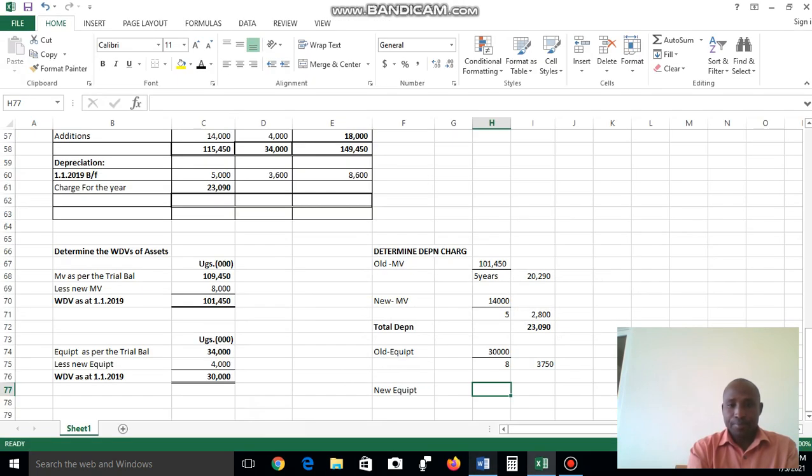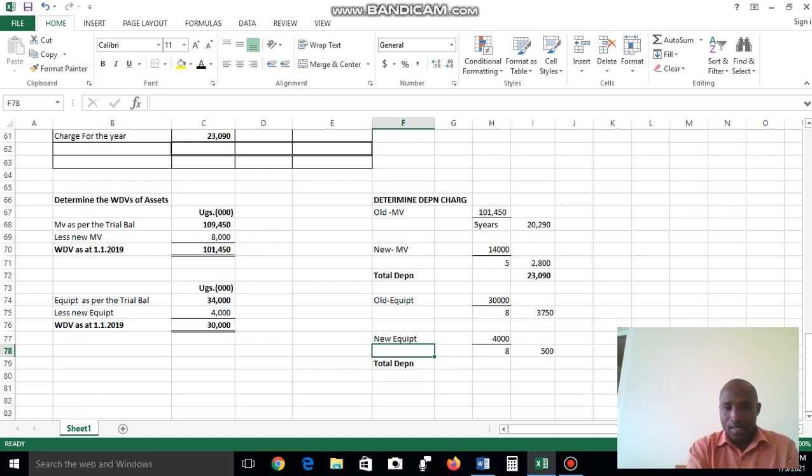Then 4 million divided by 8 also. When you get 4 million divided by 8, what do we get? We get 5. So now we want to see the total depreciation for the equipment.